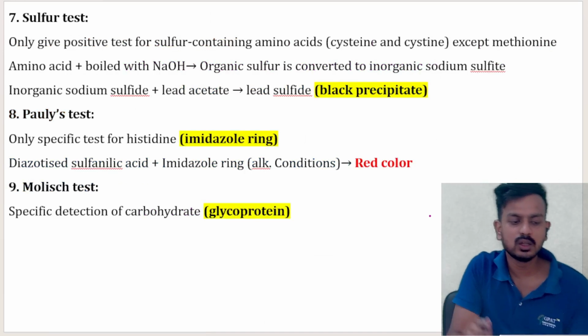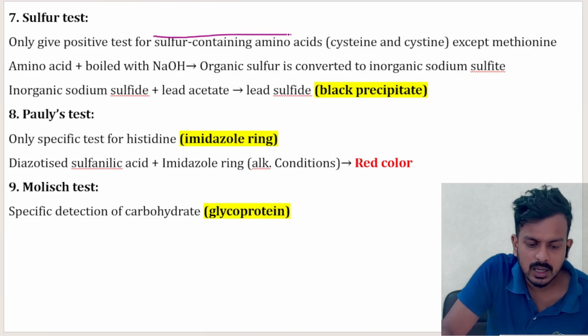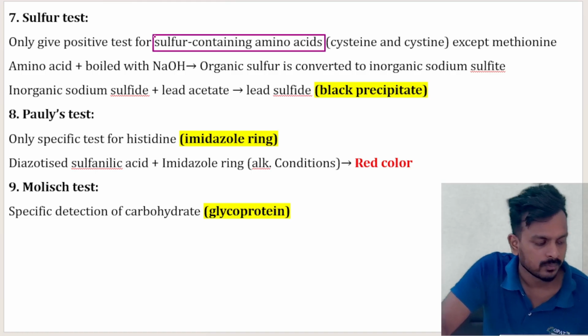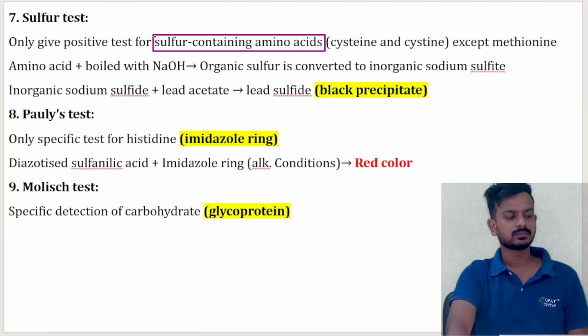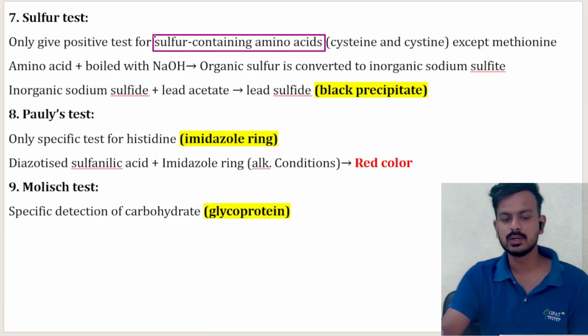Next test is the sulfur test. This sulfur test only gives a positive result for sulfur containing amino acids. Yes, tell me the names of the sulfur containing amino acids. Comment down your answer. Which amino acid has a sulfur atom in its structure? There are three amino acids.